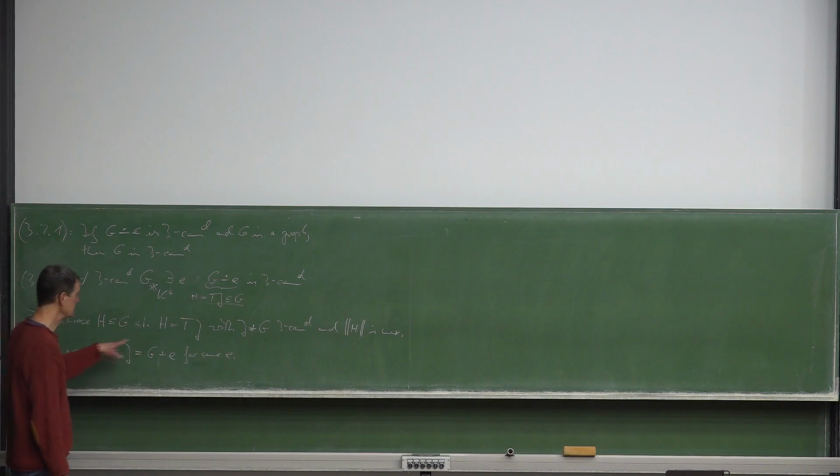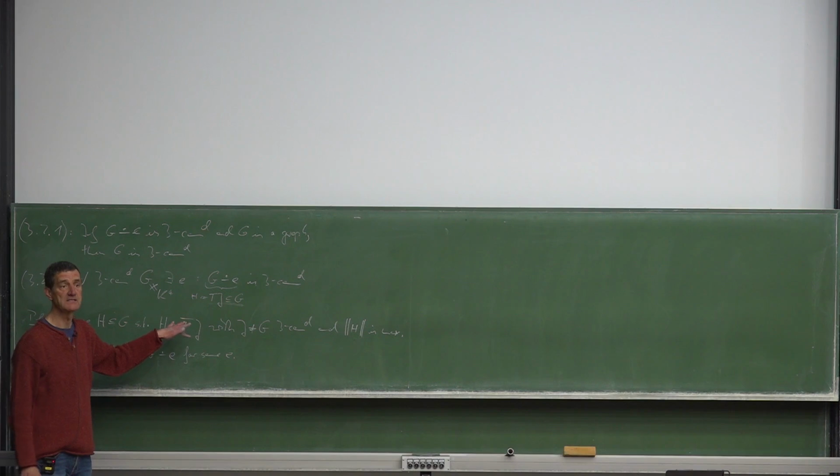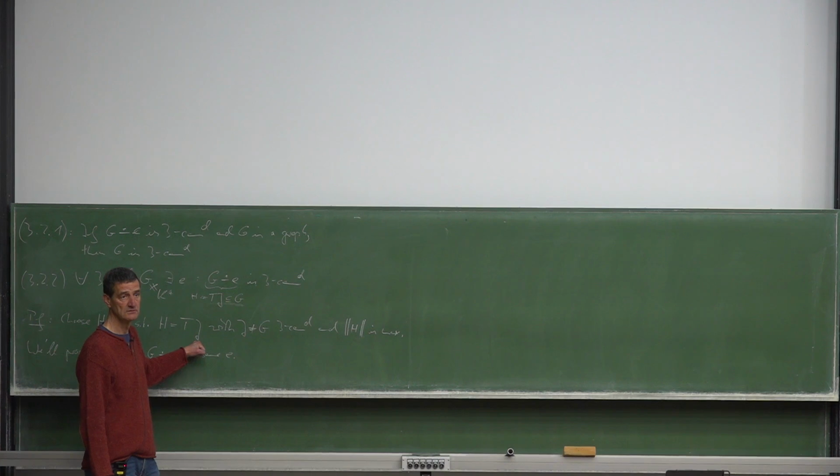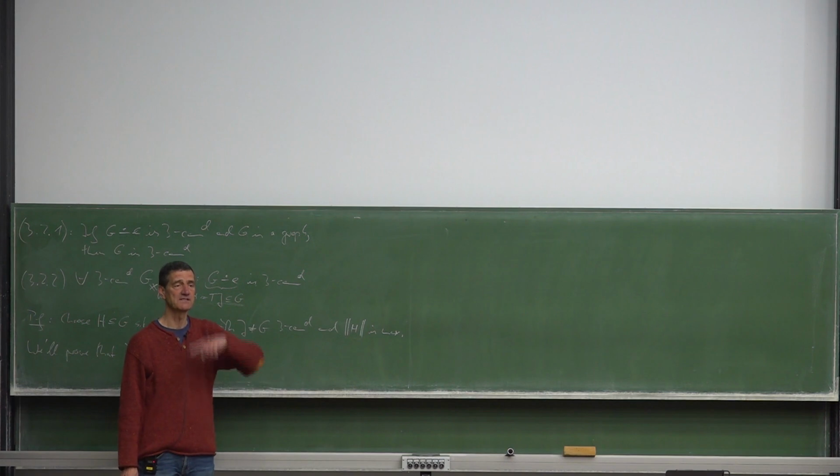So why does such an H exist at all? Well, we can find a subdivision of K4 in any 3-connected graph. That's not so hard, right? So we can find a cycle because it's 2-connected in particular.